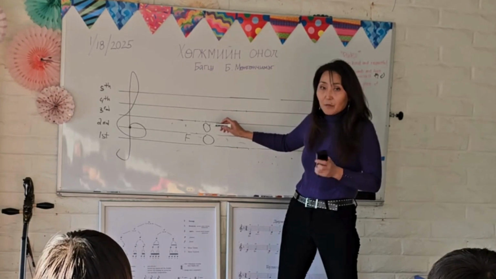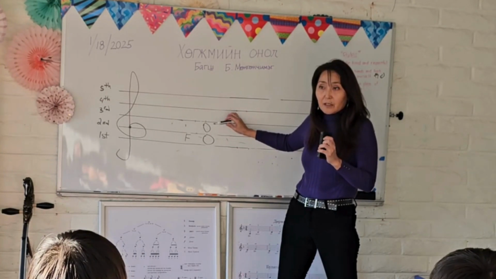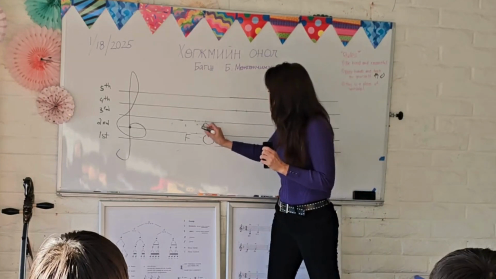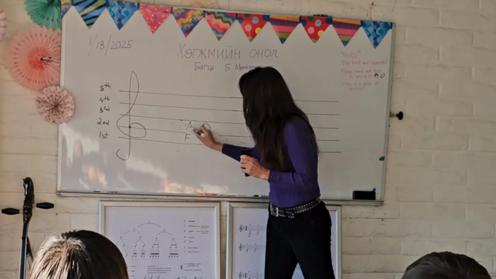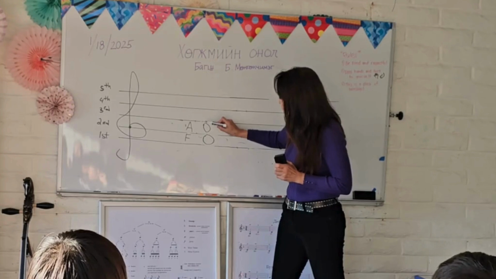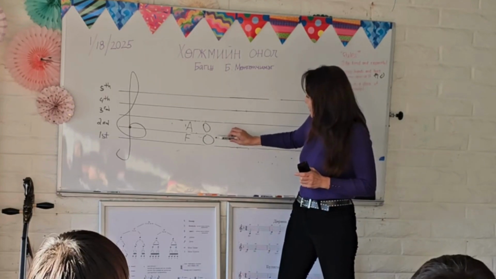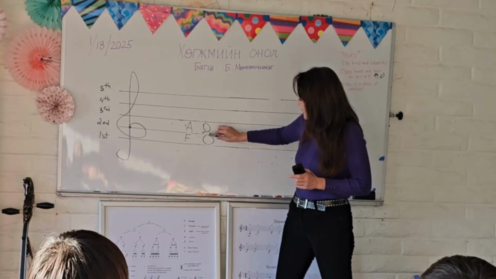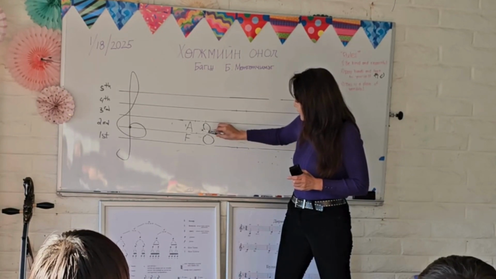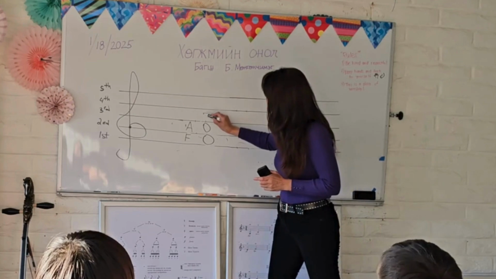So what is this? We started with this note. A. It would have been very easy if it's F. This is G. If on the line, then it's A. So now what will this be?